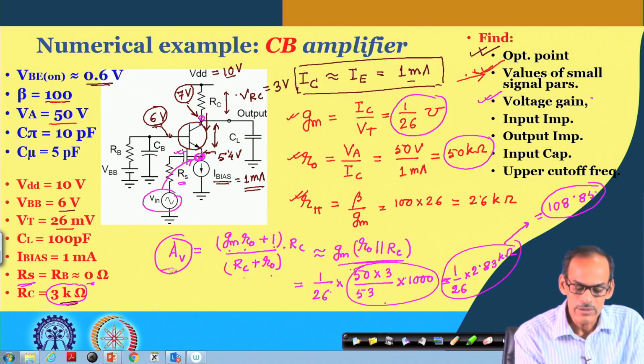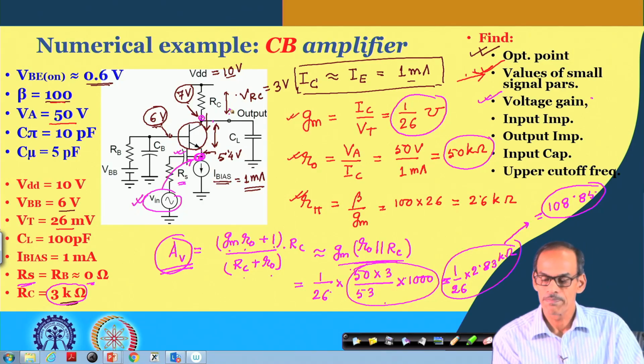So, this gain is not only the emitter to collector gain, but it also represents the primary input to the primary output gain.